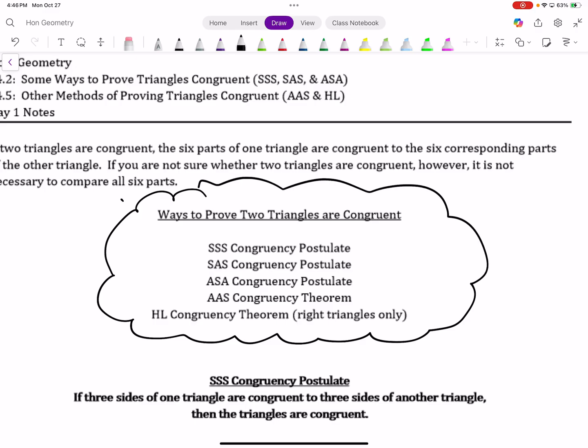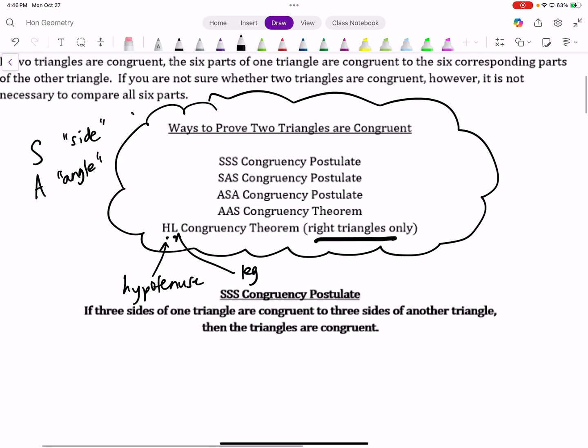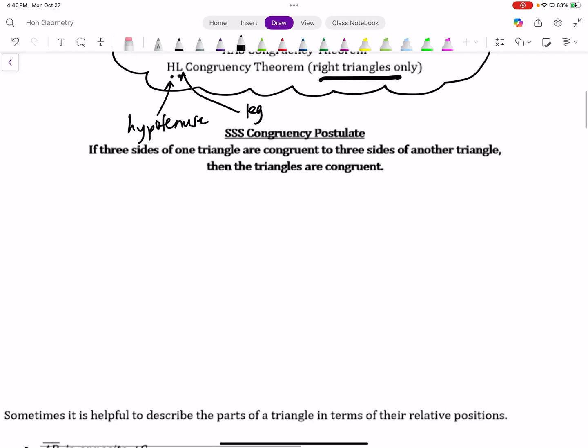Anytime it says an S, you're going to say the word side. Anytime it says A, you're going to say the word angle. And HL is hypotenuse leg. So the 5 ways are side-side-side, side-angle-side, angle-side-angle, angle-angle-side, and hypotenuse-leg. But this last one only works on right triangles. So we're just going to go through them all and make sure you understand.